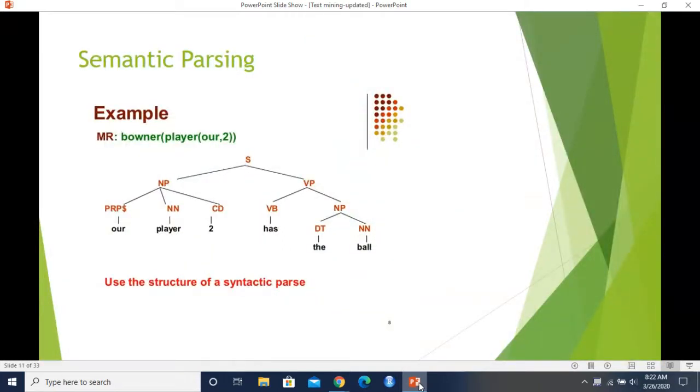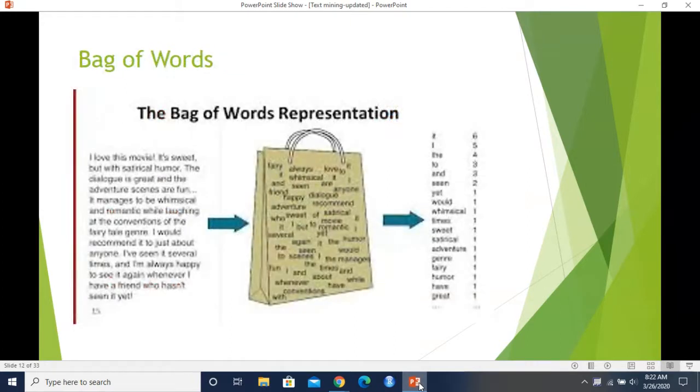Semantic parsing is the task of converting a natural language utterance to a logical form, a machine understandable representation of its meaning. Semantic parsing can thus be understood as extracting the precise meaning of an utterance. However, we will be focusing more on the bag of words technique.